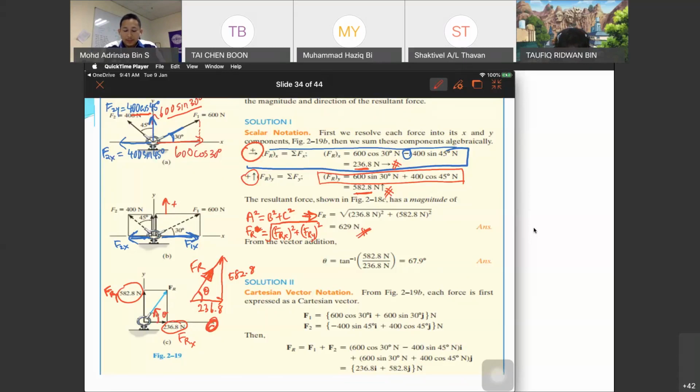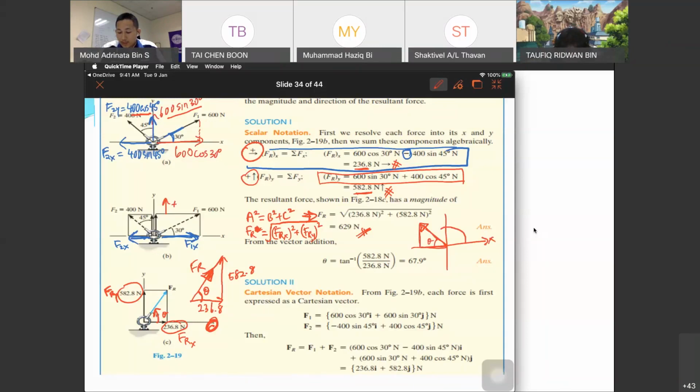Let's say if the x is negative, y positive, and this is the resultant force, and this is actually your triangle, you calculate this theta, but your answer needs to be from the x positive direction.